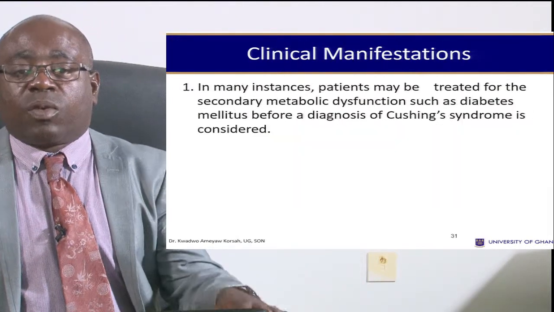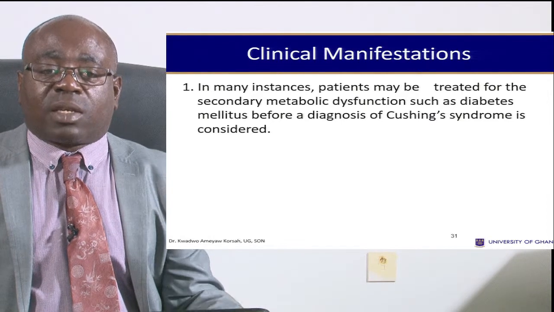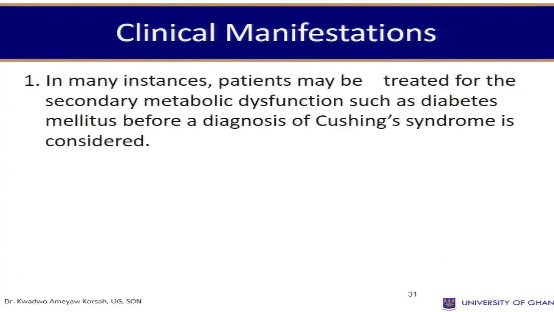So now, with this background, as we have identified the types, primary, secondary, and iatrogenic, in many instances we can look at the clinical manifestations from the point of view that we are looking at an increased level of cortisol in circulation.